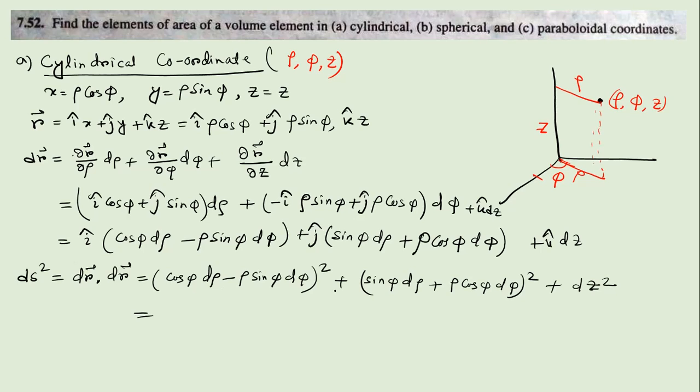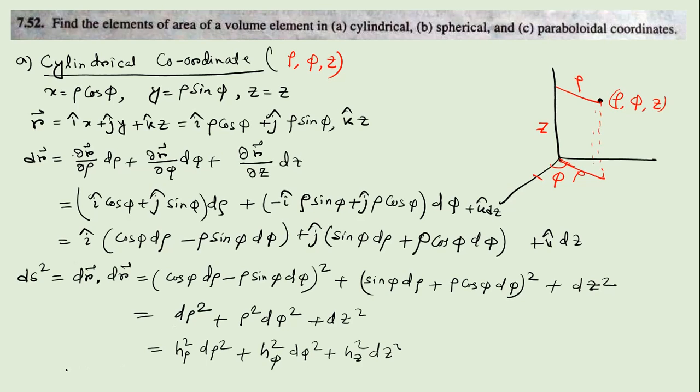From these two terms, you will get cos square phi plus sin square phi, so d rho square, and also rho square d phi square. The middle terms, one minus and one plus, cancel out. So from here you get h rho square d rho square, h phi square d phi square, and h z square dz square.